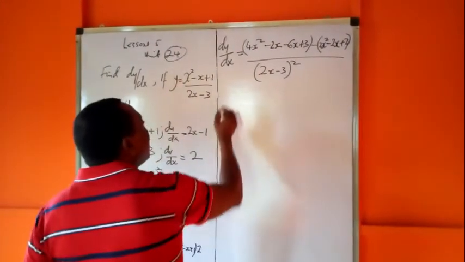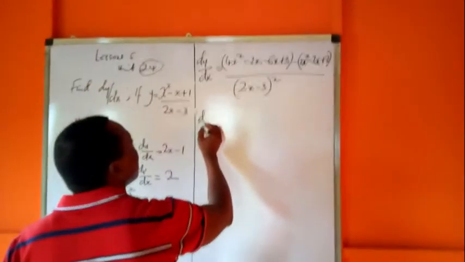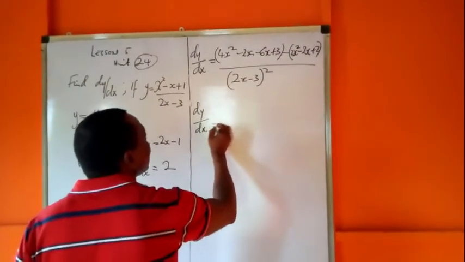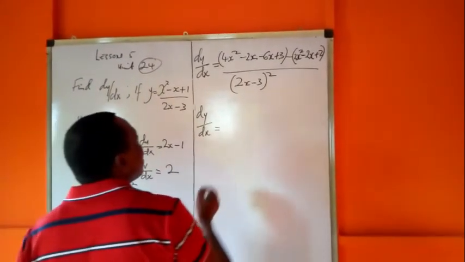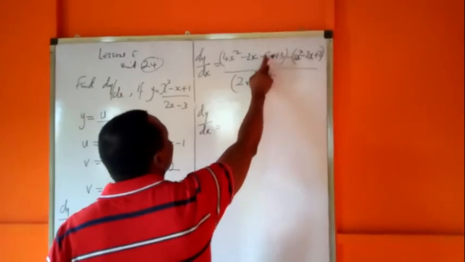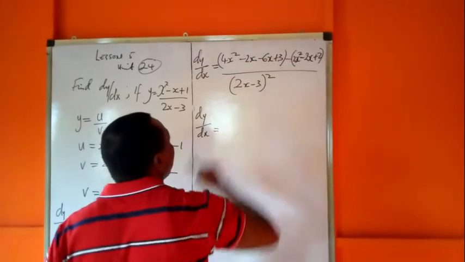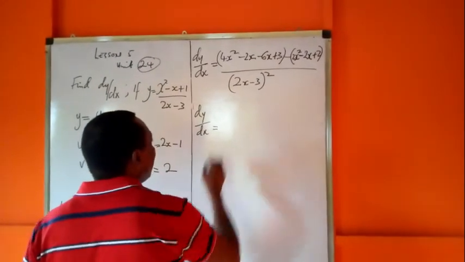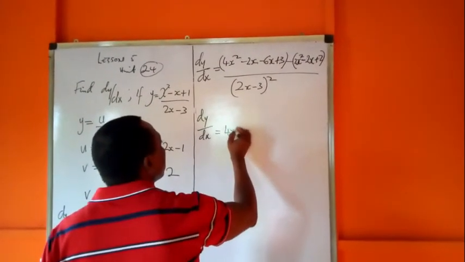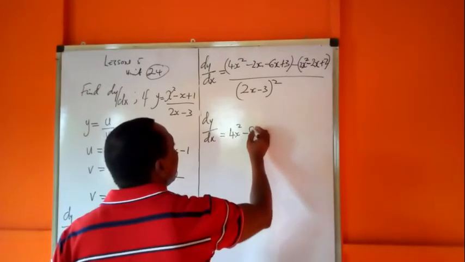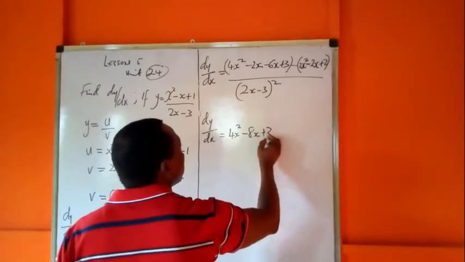Now, let's try and open the brackets. dy dx. First, we open the bracket. We can see like terms. So minus 2x minus 6x become minus 8x. So 4x squared minus 8x plus 3.